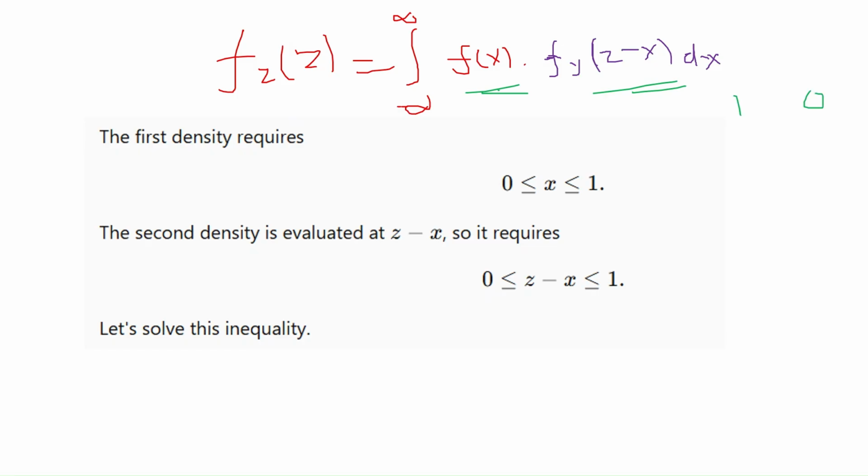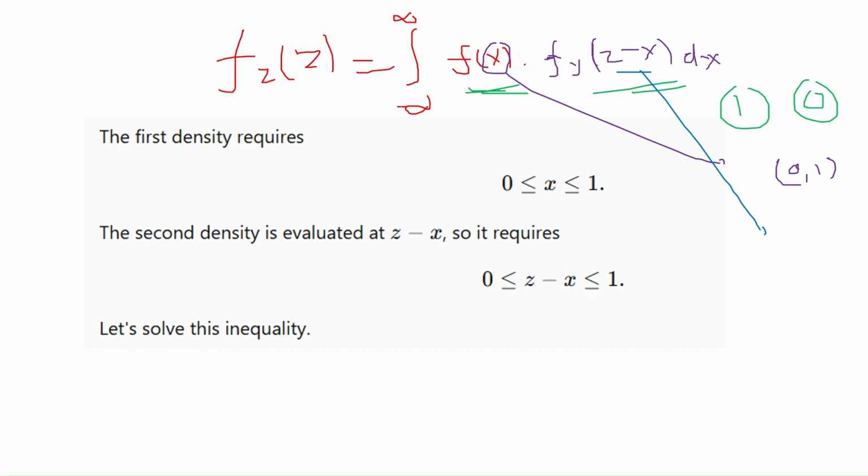It would be 1 when both of them are 1, and if either one of them is 0, the product would be 0. So when would it be 1? As we saw for a uniform random variable, when this x over here is between 0 and 1, then it would be 1. So x is between 0 and 1, and z minus x is also between 0 and 1. Only then would it be 1.